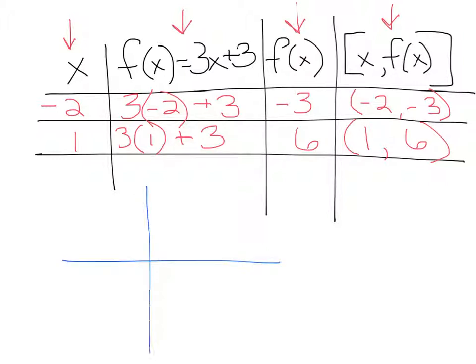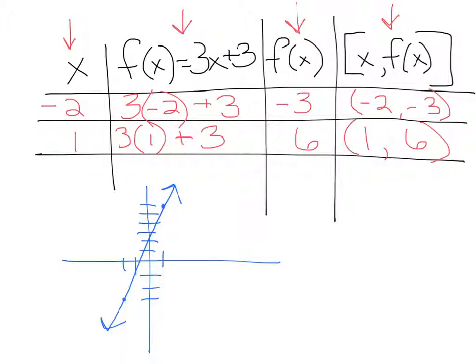So now I would be able to graph this, and I would go over negative 2 and down negative 3, and so I would have my point here. My next point would be over 1 and up 6. So I could put my point here, and then I could connect the 2 points to demonstrate the line as a graph.